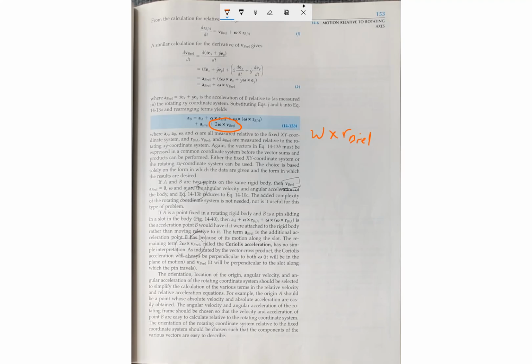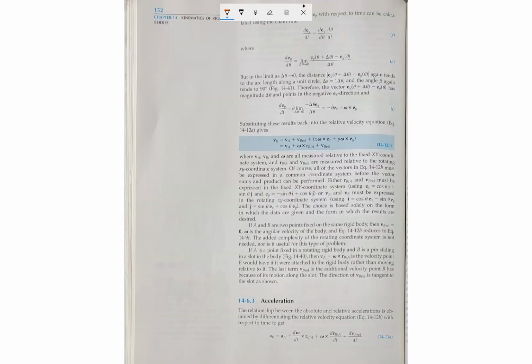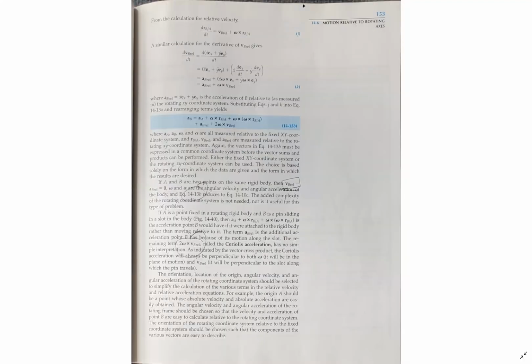That's not exactly how the term works, I wrote that wrong, but it is a similar final term. So if we know the omega has a k hat direction, and it's crossed with a VB relative, which we already know from that example in the figure a few pages back is the motion of the pin relative to the rotating disk.